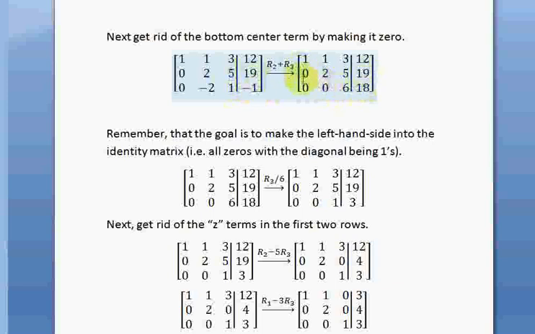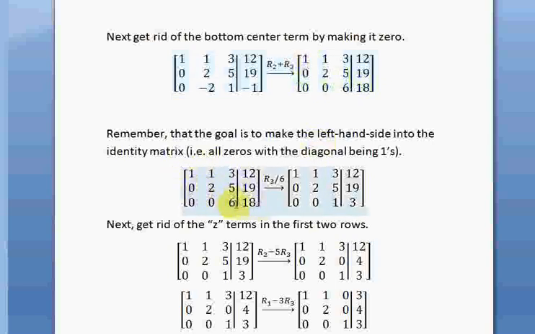So now, notice what I have down here. I have all zeros on this bottom left-hand portion of my matrix. Now, remember, part of it was getting zeros, part of it was getting ones. Well, now that I have zeros on everything except for this z entry, I'm going to skip down here and try to make this 1.